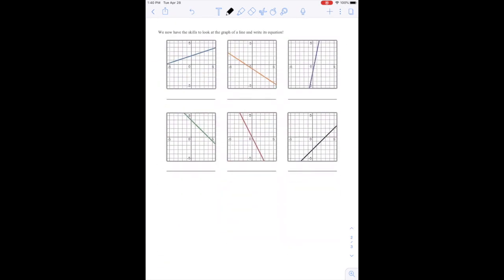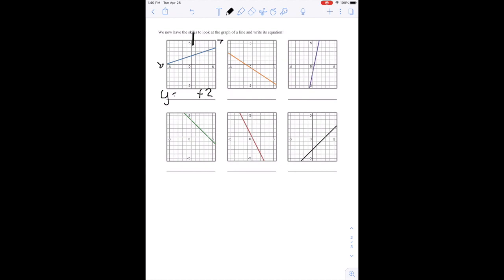Okay, so my first one, I see that my blue line, the very first one, is going from the left over here up to the right in this direction, which means my slope is going to be positive, and I'm going to write it like this: y equals, and I'm going to look at where that blue line is crossing the y-intercept, which is here, and it's at 2, and it's in the positive, so I'm going to write positive.